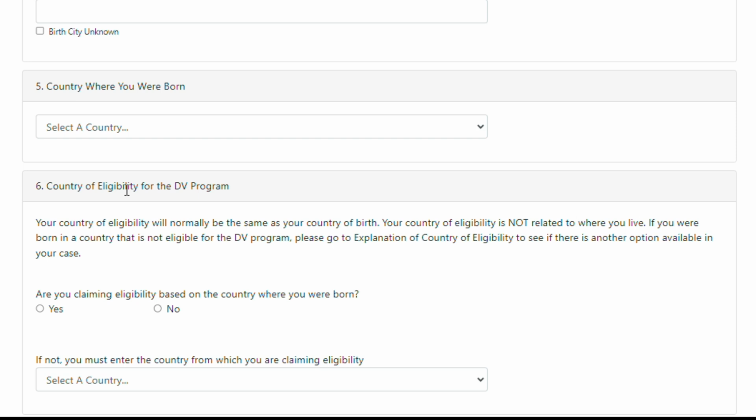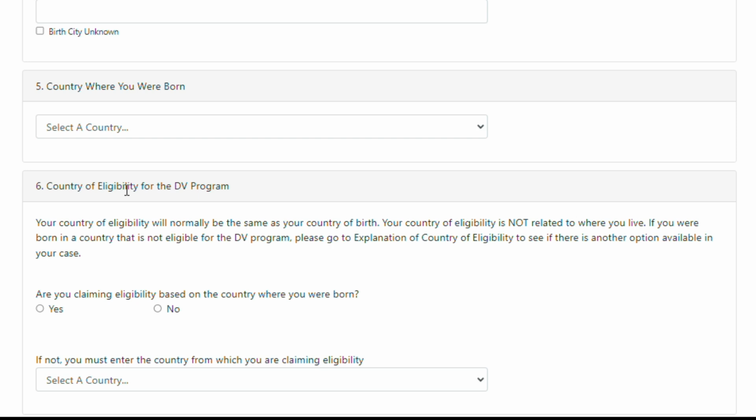In another instance, you can claim the country of birth of your parents if you were born in a country that is not eligible, but at that time your parents were not citizens of that country, neither were they residents or permanent residents of that country in which you were born. Let me say it again.